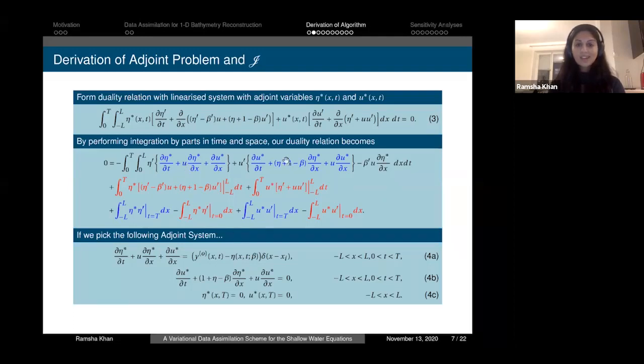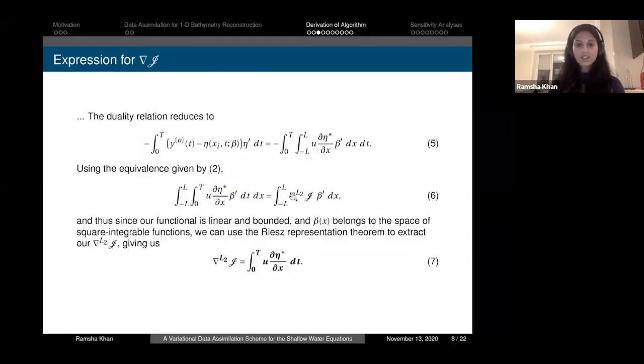And then what's left in blue, if we pick the following adjoint system here, so this expression, if we pick it to be such that this is equal to our observations minus our forecast at our measurement points, and we set this term here to 0, and we have final time conditions, then essentially by solving this adjoint system, our duality relation gets reduced to this expression here.